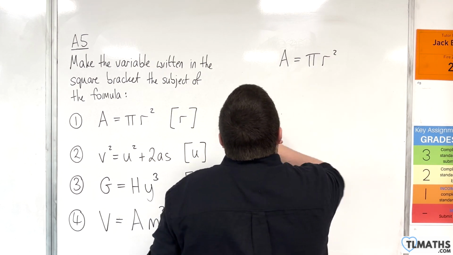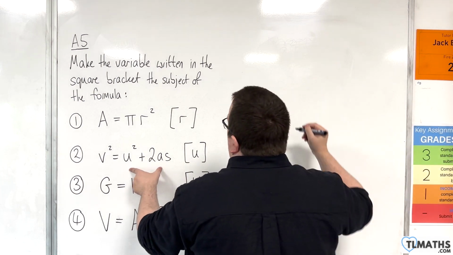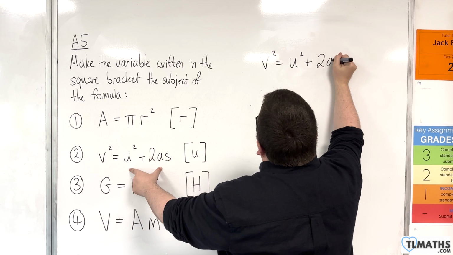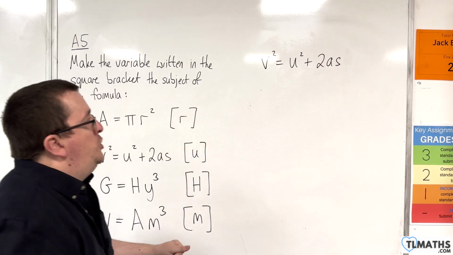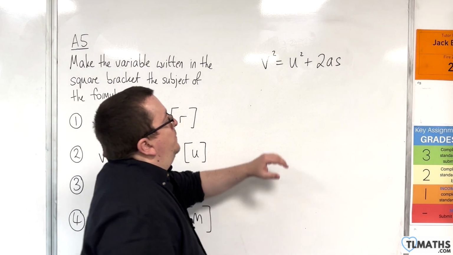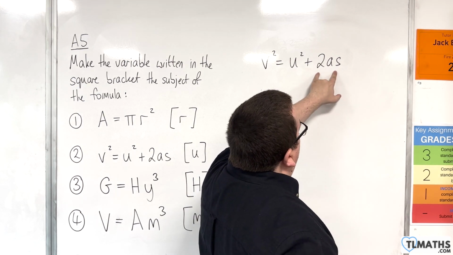So the second one, we have v squared equals u squared plus 2as. This is actually another of the constant acceleration formulae, the SUVAT formulae, and we will need to make u the subject. So we want to get u squared by itself. I can subtract 2as from both sides.